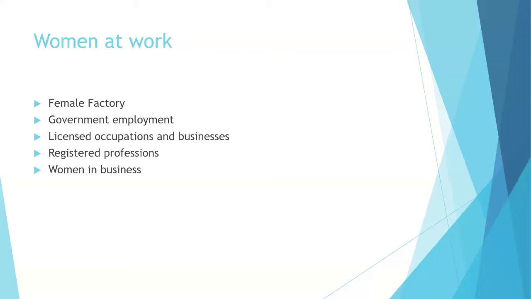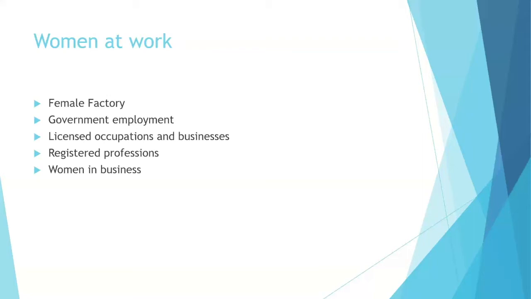So we can think about the female factory for those very early convict women and some of those other poor, unfortunate women who may have come the way of the female factory. We can think about government employment, so people who were actually working and paid by the government. We can think about people who worked in occupations that had to be licensed by the government.